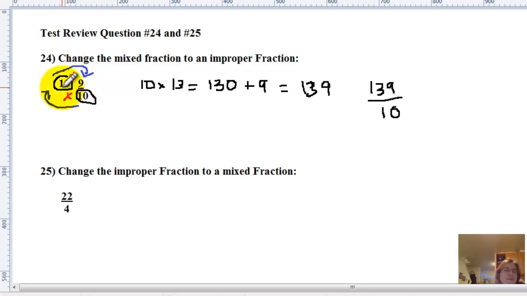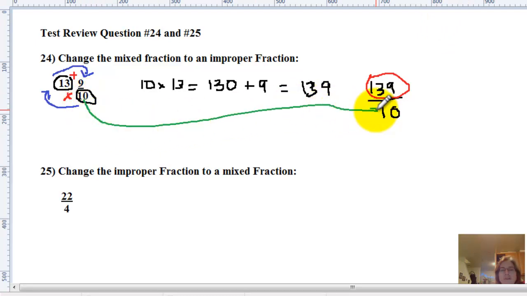So 10 times 13 plus 9. 10 times 13, which is 130, plus the 9. So then 139 becomes your new numerator. You put it back over the denominator because that stays the same. The 10 stays the same. Okay?